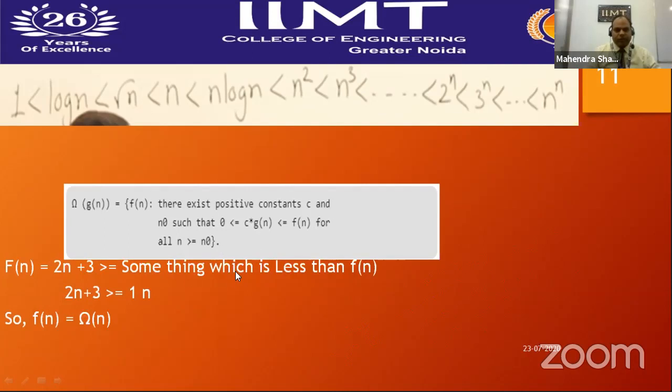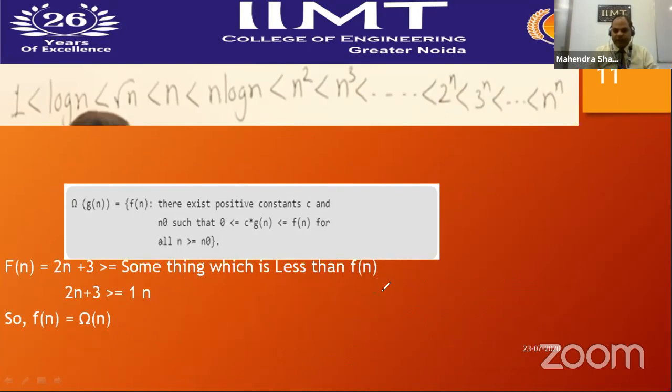Let's try to understand with the help of an example. Again, we are going to take the same example.